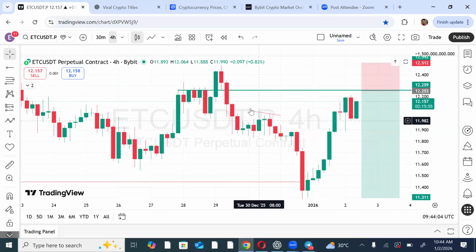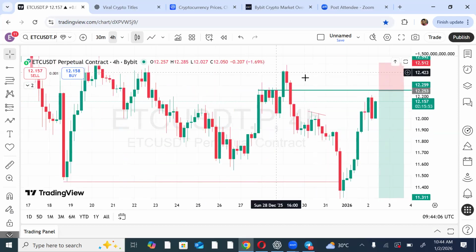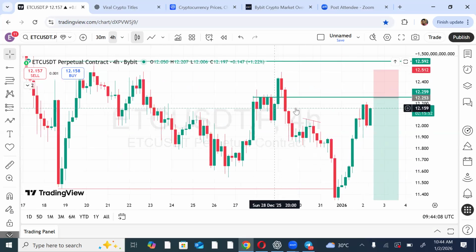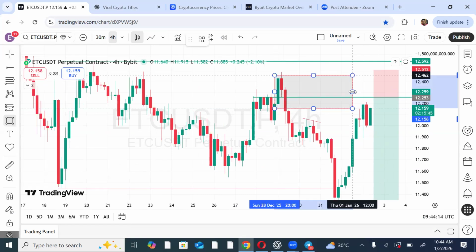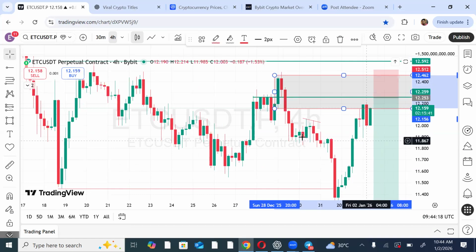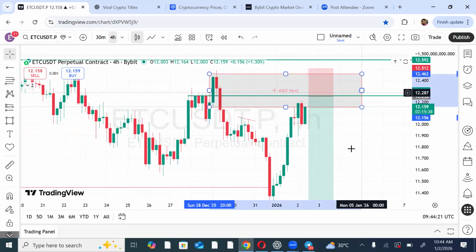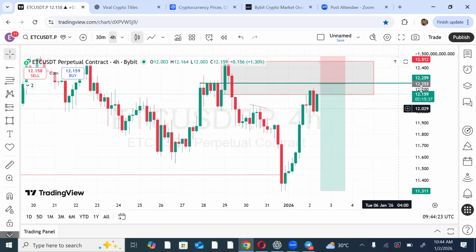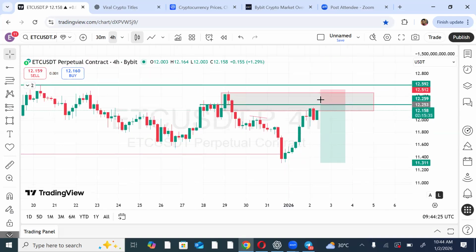I'm already seeing that the last initiated sell was happening from here. So I'll come here. The moment I see my reaction, if I get a sell reaction from here, I start selling.